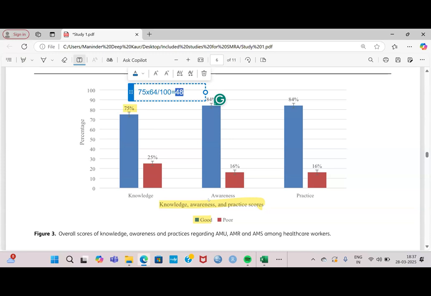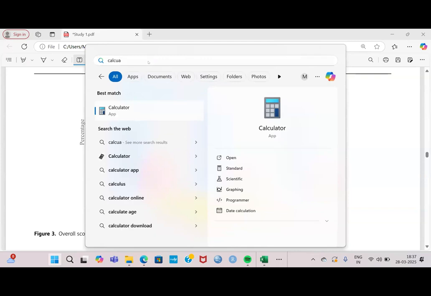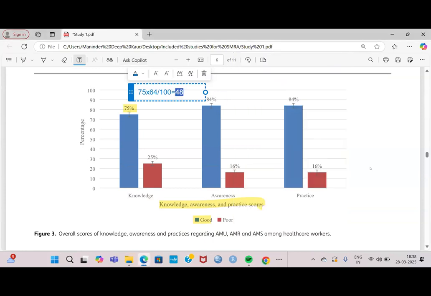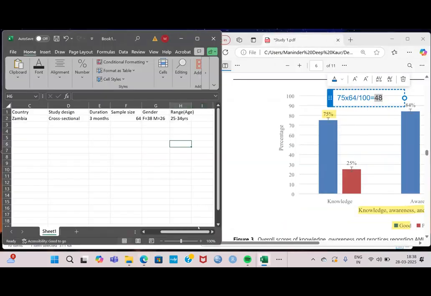I will calculate in front of you also. The calculator is there. So 75 into 64 divided by 100. So this is 48. Okay. So I will report my knowledge score here.